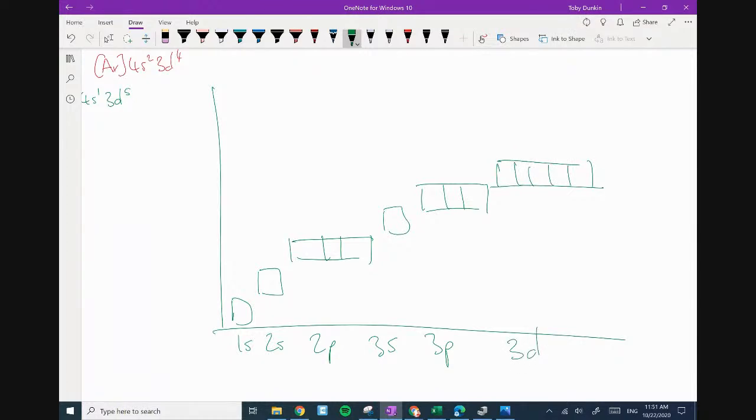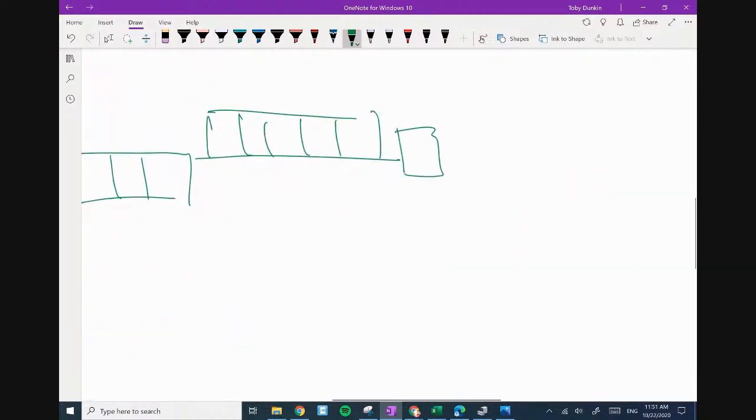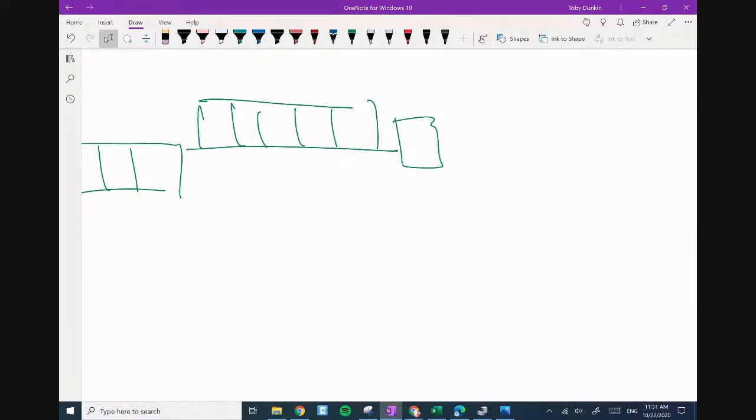But the 4s and 3d are very similar in energy. They're really close, guys. The difference in energy is rather small. Now, the 4s is lower, so it will fill up first.